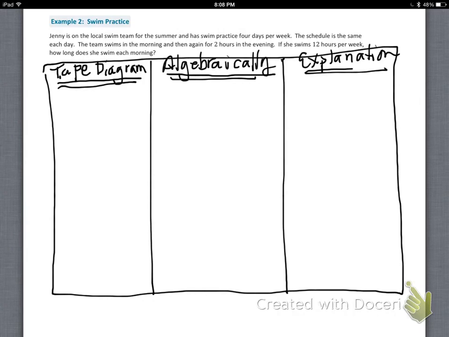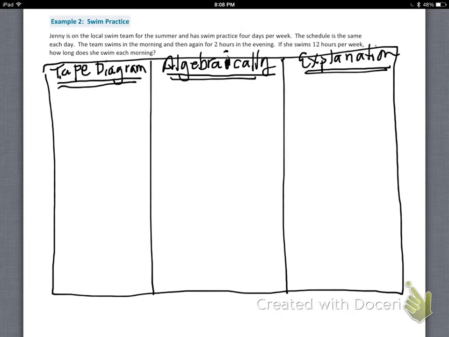And then next to that algebraic solution, I'd like you to explain step by step what you are doing. Now I'm going to be adding an if-then component to this, so when you come back, yours may look a little bit different, but hopefully we can learn from that. Okay, so let me go ahead and read this to you.